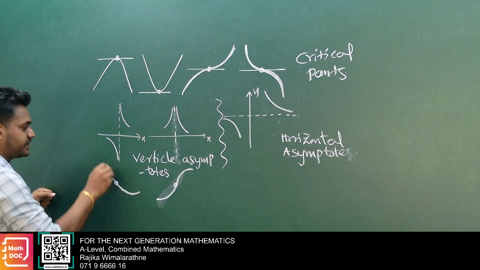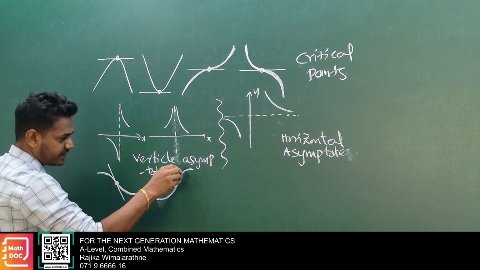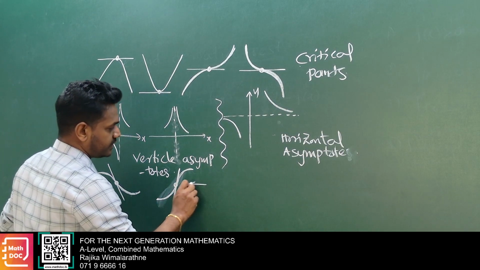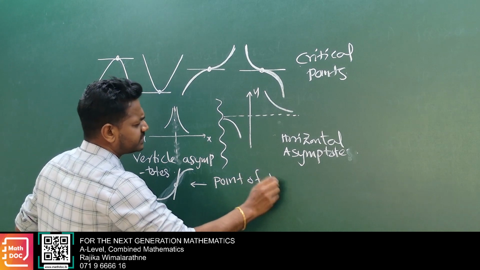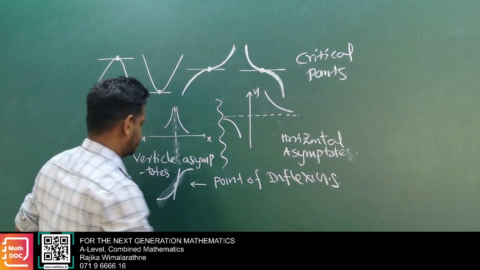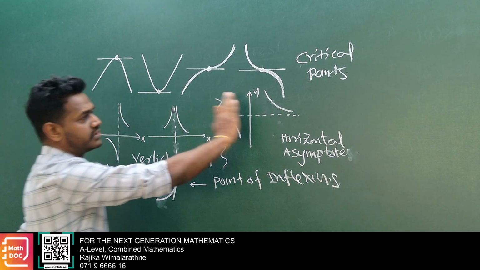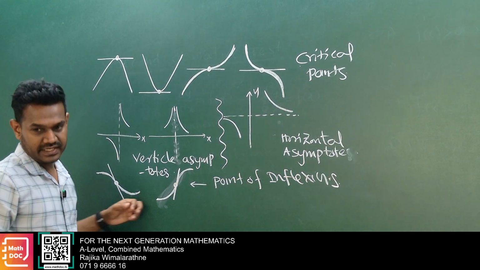So anyway, when you sketch a tangent here at this point, this is a point of inflection again. Inflections, we have two types. Here vertical asymptotes, here horizontal asymptote, these are critical points, and again we have points of inflection.